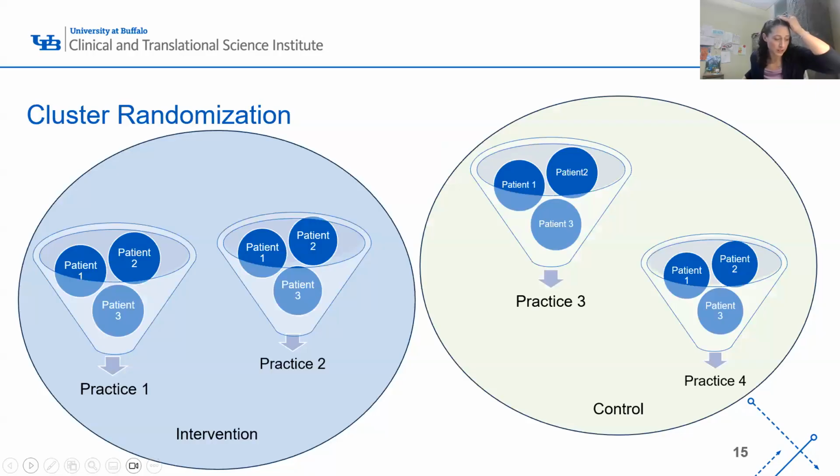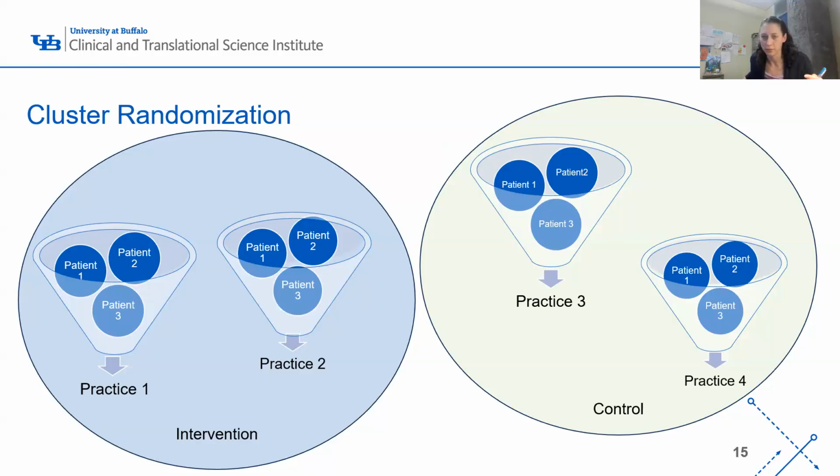So the first one is cluster randomization, which you may be familiar with. When we think of randomization, we usually think of the individual patient being randomized to either receive an intervention or not. In a cluster randomization, the unit that you are randomizing is not the individual patient, but a group or a larger unit.